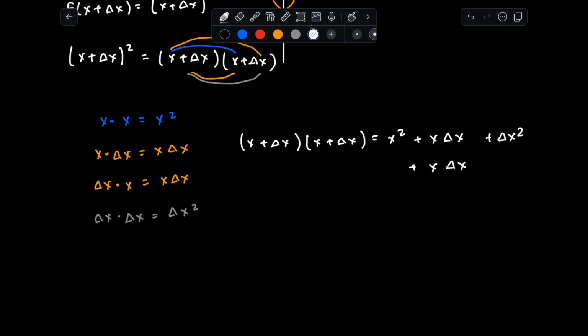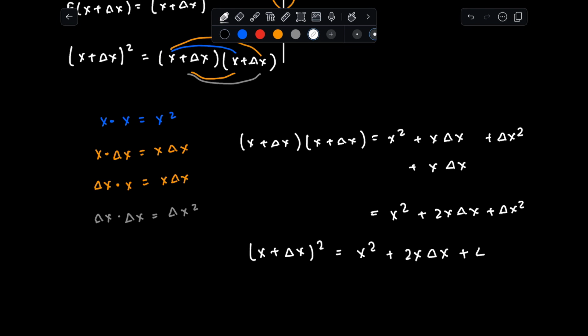By combining like terms, we get x squared plus 2x delta x plus delta x squared. And so the expansion of x plus delta x squared is just x squared plus 2x delta x plus delta x squared.